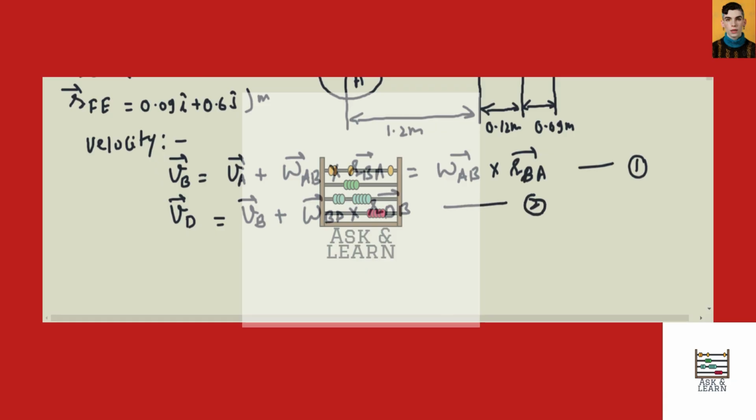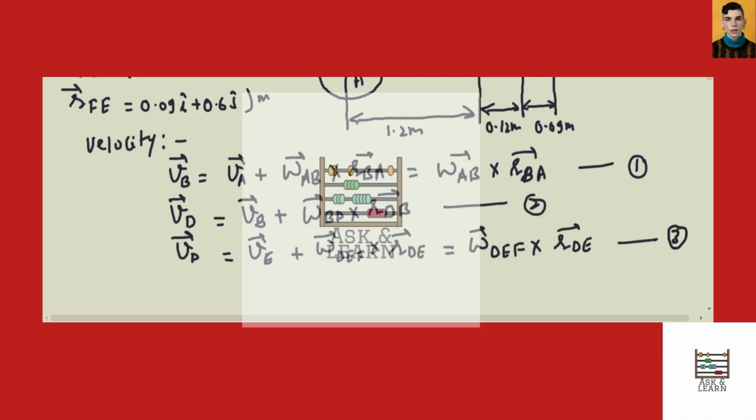Second equation: velocity of D in terms of E, velocity of E plus angular velocity DEF cross r_DE vector. But velocity of E is 0, so this can be written as omega DEF cross r_DE. This is your third equation.